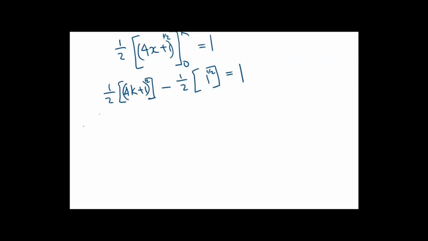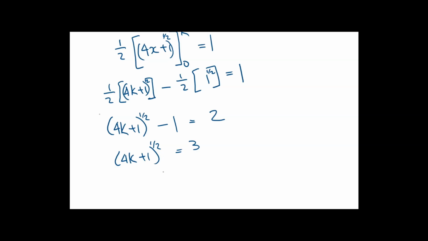Let's multiply everything by 2. So the square root of 4k plus 1 minus 1 equals 2. Yeah, that looks a lot better. Let's get rid of this 1, so the square root of 4k plus 1 equals 3.